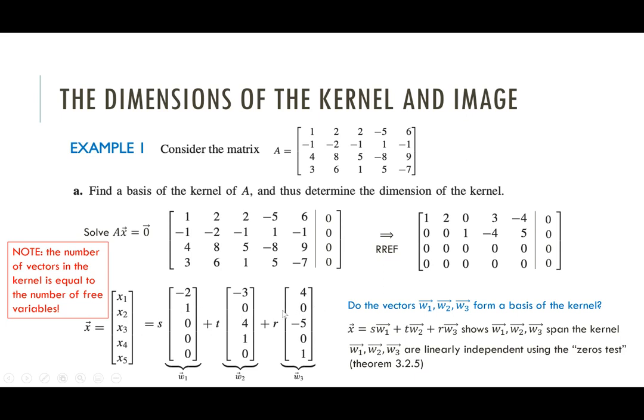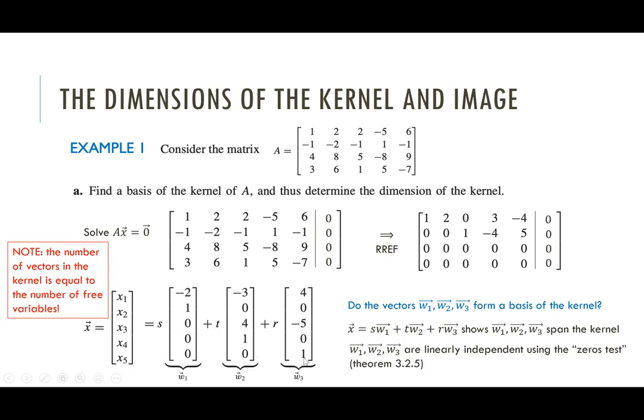So you're going to get the zeros test telling you that this first vector is independent from all the other ones. And similarly, t was substituted in for x4, because x4 was a free variable, so x4 is going to be 1t and 0 else.